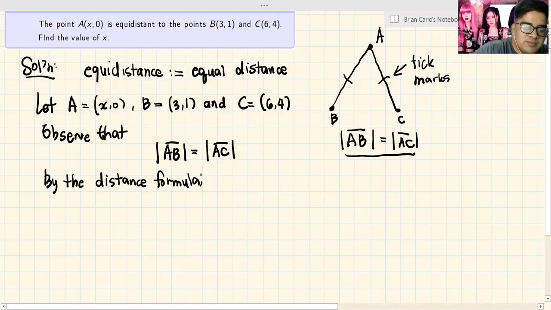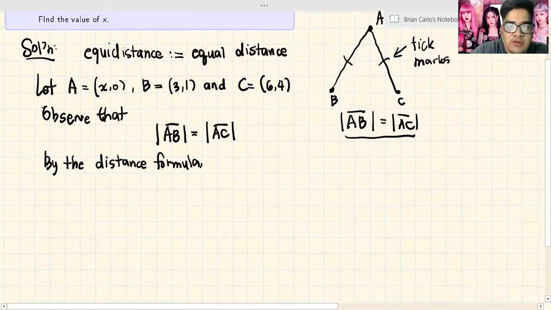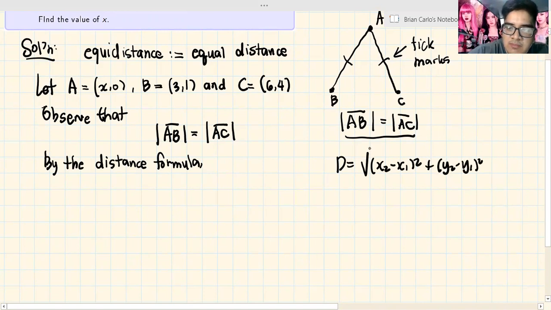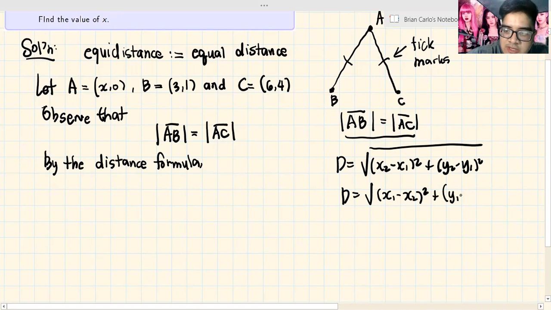Kapag ginamit natin yung distance formula, sabi ko dati, square root ng x2 minus x1 squared plus y2 minus y1 squared ay pareho lang sa kapag nauna yung x1 minus x2. Sabi ko yan sa previous lectures natin. Equal lang daw yan. So, ibig sabihin, pwede ko nang gamitin yung tapat-tapat na ganito.